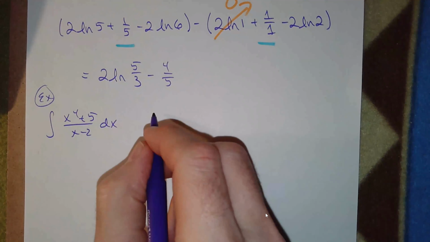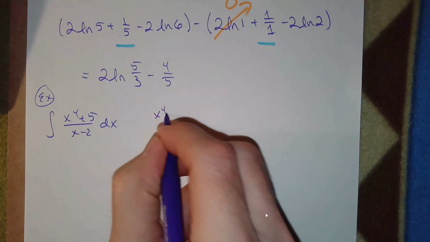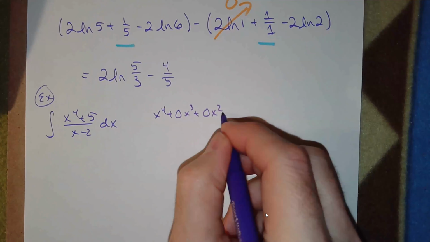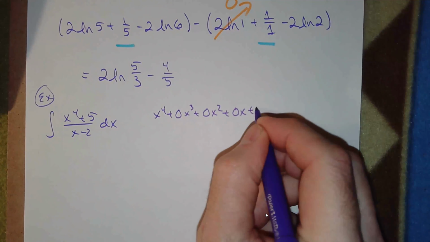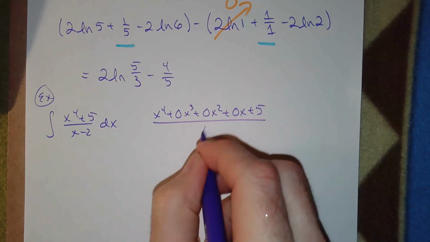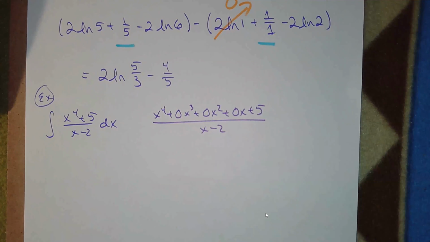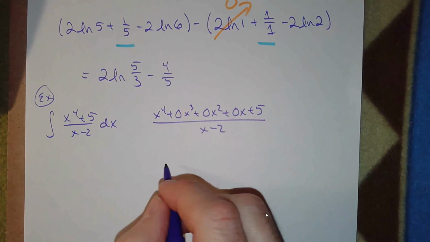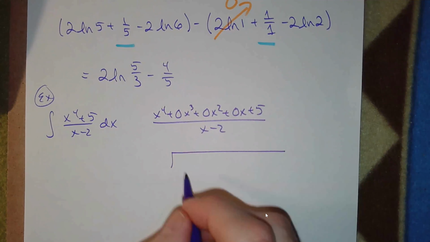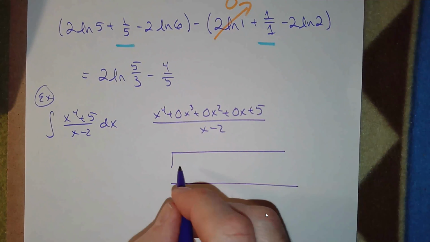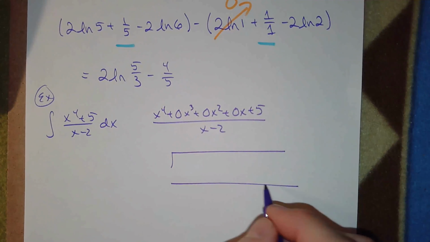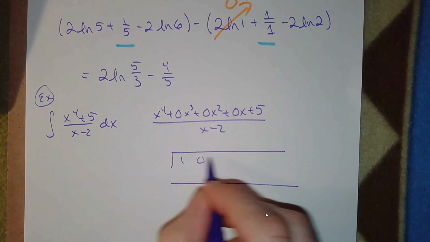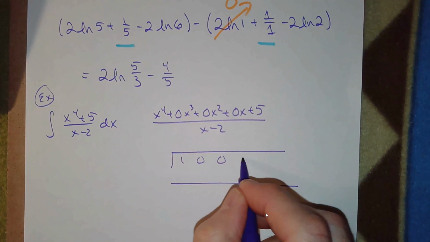This problem can be thought of as x to the 4th plus 0x cubed plus 0x squared plus 0x plus 5 over x minus 2. And the reason I wrote it that way is to remind you that synthetic division works with all the coefficients. So the coefficients here are 1, 0, 0, 0, and 5.